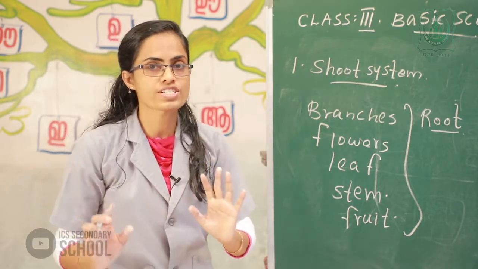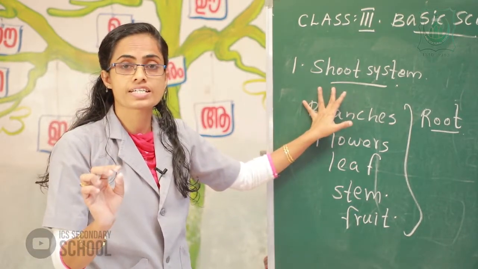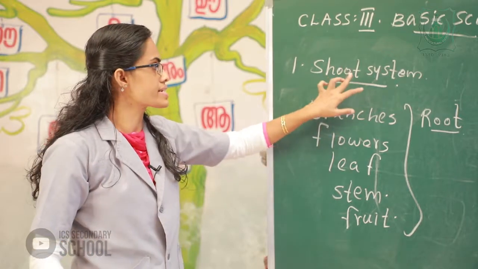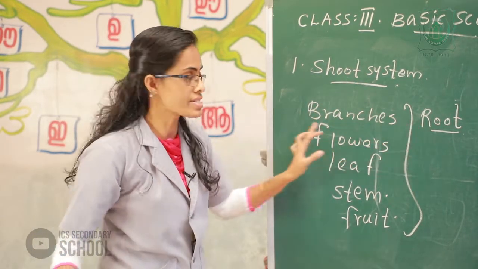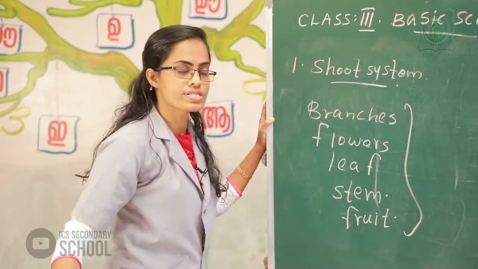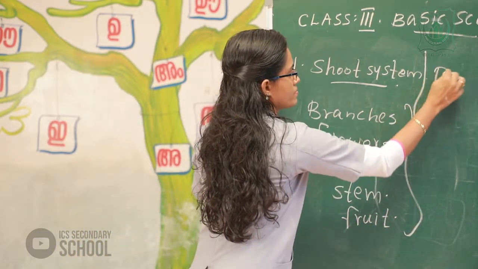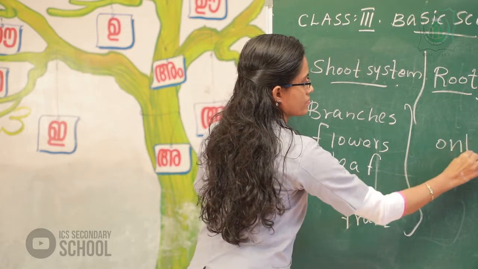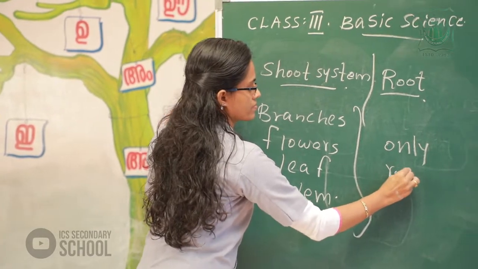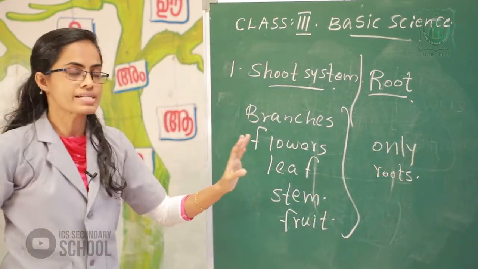Once more, the plant has two parts, that is shoot system and root system. Please listen here.